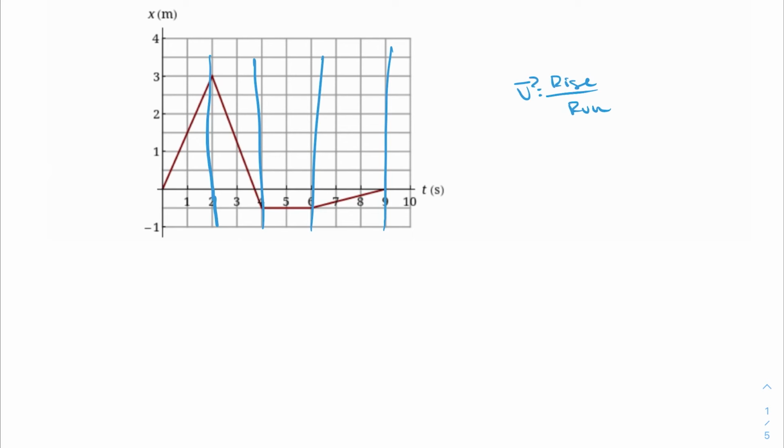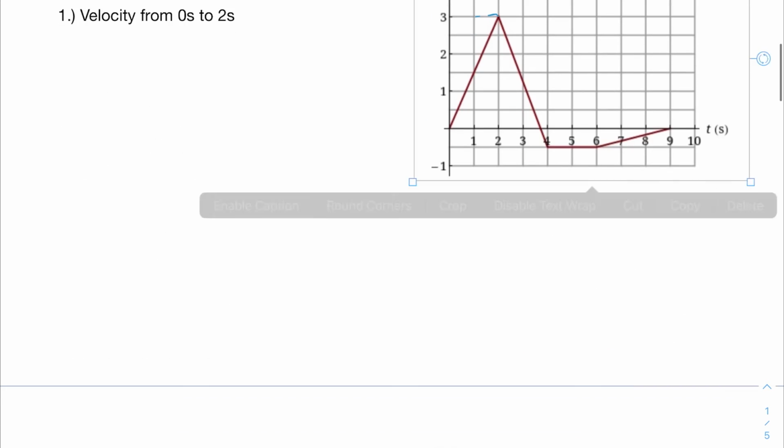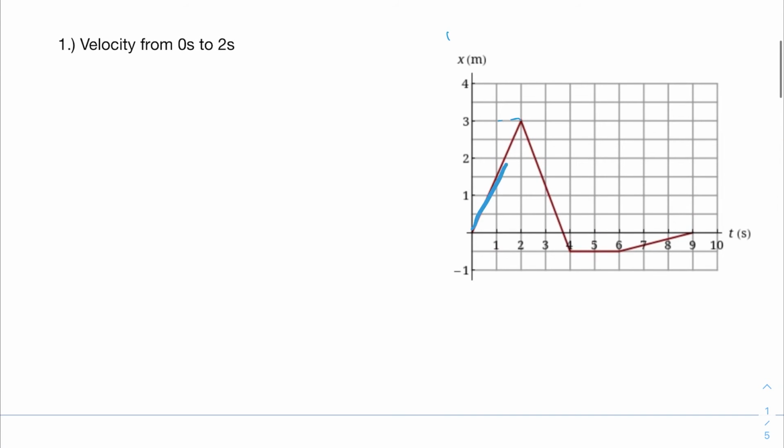Or in other words, it could also be referred to as meters per second. So let's get started. What's the velocity from 0 seconds to 2 seconds? We're solving for this line. You can see it rises 3 meters and then it runs 2 seconds. So 3 meters divided by 2 seconds gives you 1.5 meters per second. That is our velocity.